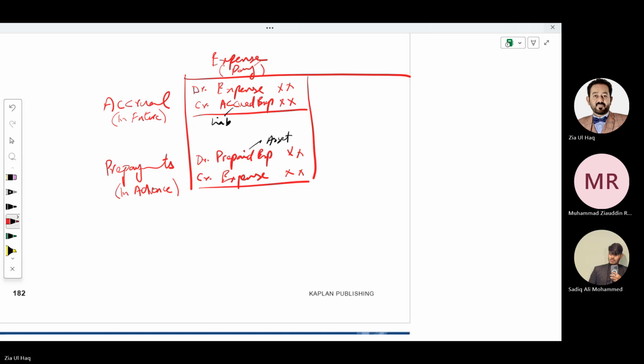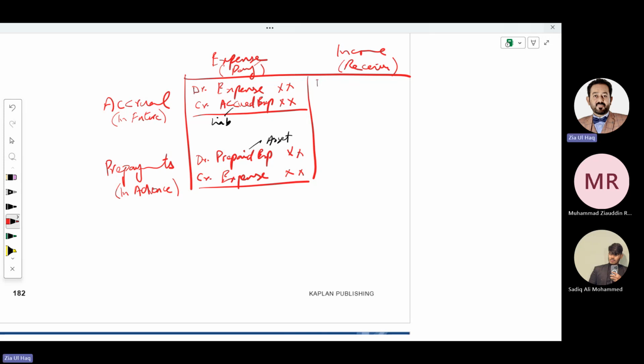Now, for income, we need to receive rather than pay. Accrued income relating to current will be settled in future, meaning we will receive in future.